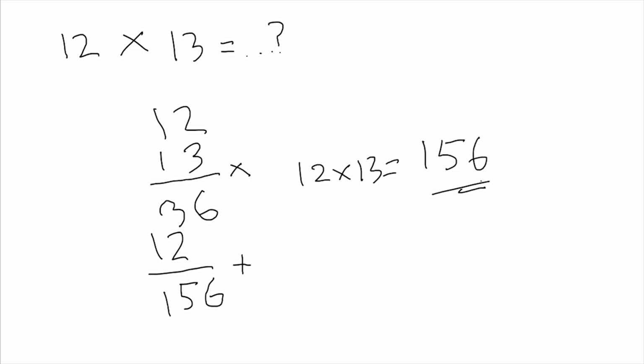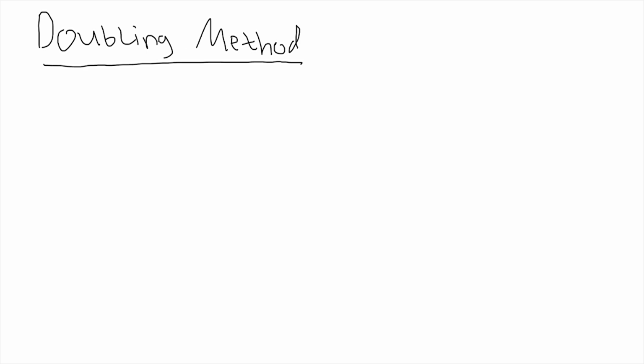And now I want to explain it with the doubling method. Wait, I will write this. Doubling method. I'm sorry for my drawing. We already know that 12 multiplied by 13 equals 156, right?